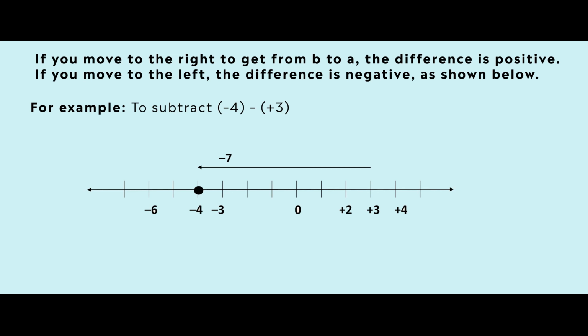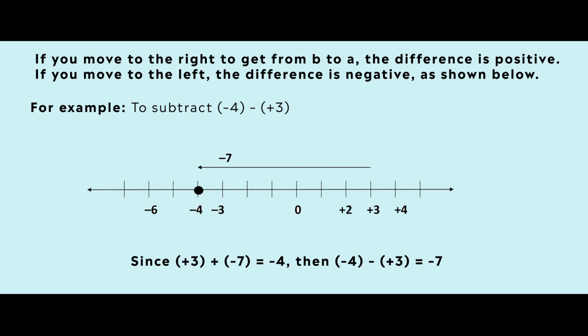So how many units did we move towards the left side? Let's count. 1, 2, 3, 4, 5, 6, 7. We moved 7 units, so we can say it is 7. Now what sign should we give? As we move towards the left side, that is negative 7.